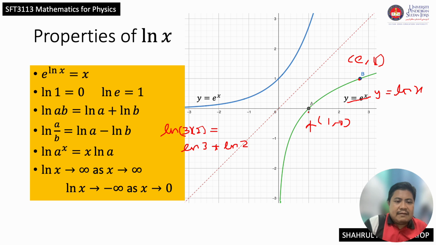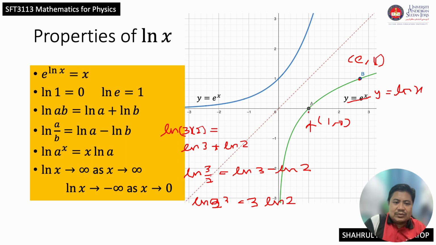For the division, ln of 3 divided by 2 can be separated as ln 3 minus ln 2. For a power, for example ln of 2 to the power of 3, we can bring the 3 in front, so we have 3 ln 2.